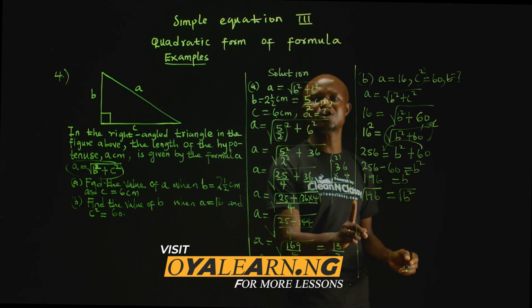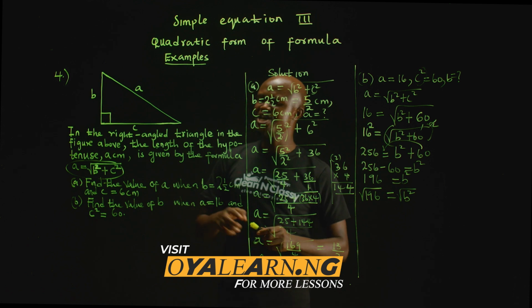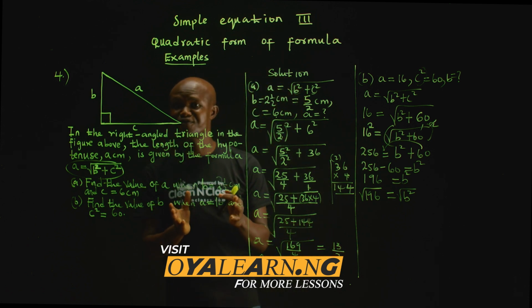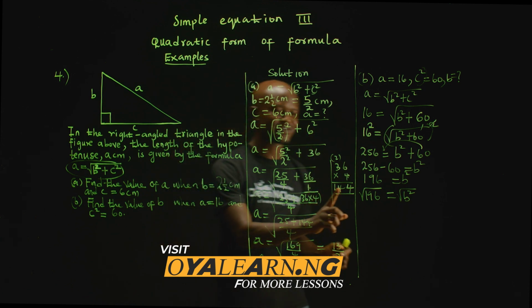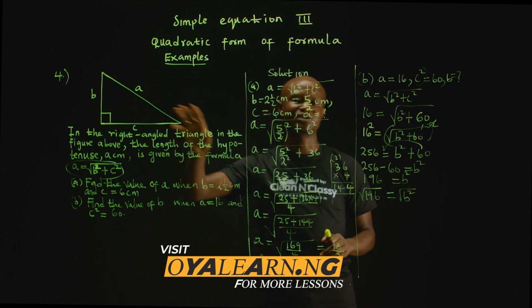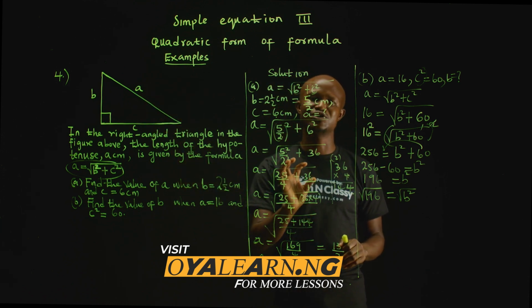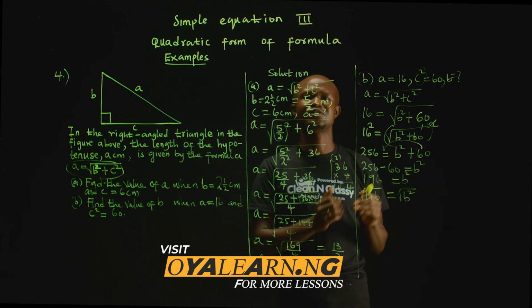You don't have to put plus or minus for this. Do you know why? Because dimension cannot be negative. You cannot have minus 2 centimeters in a real life situation. Hence, when you are taking the square root of a number that has to do with dimension, you don't have to put minus, because dimensions only take positive values.